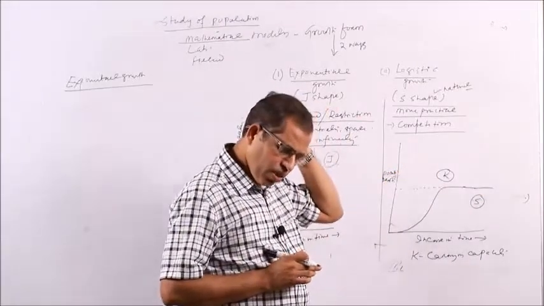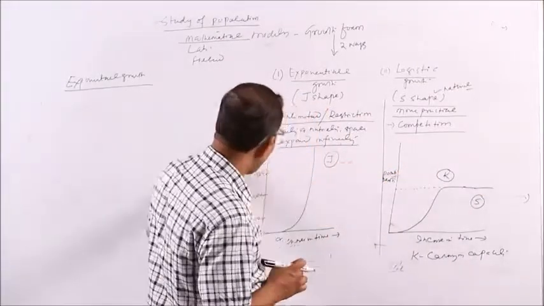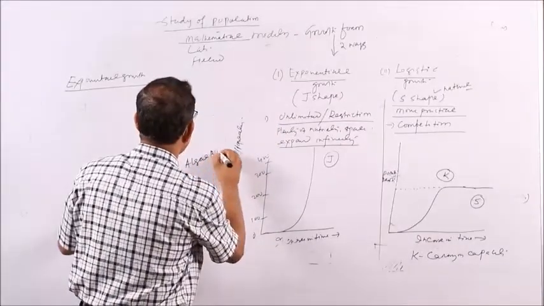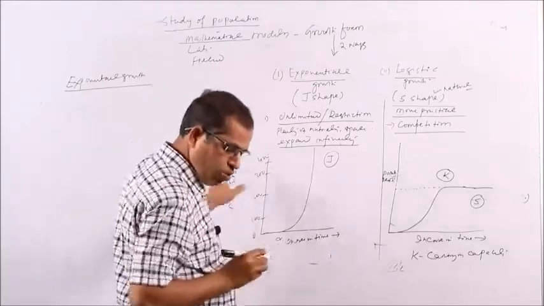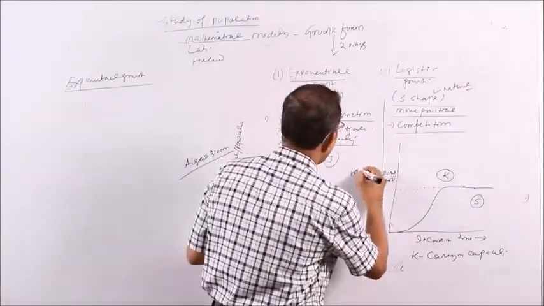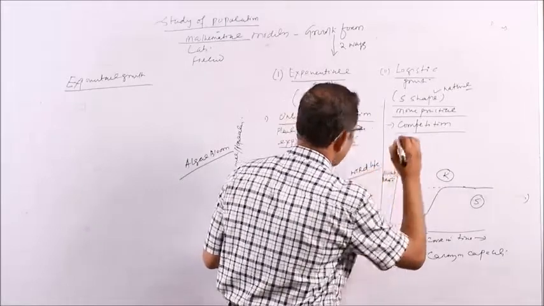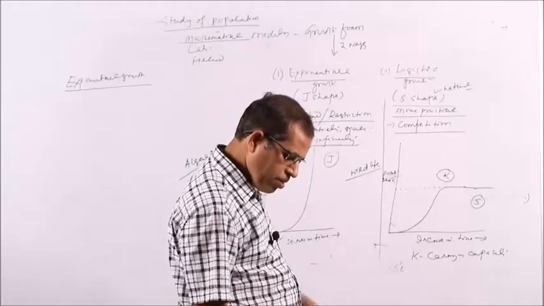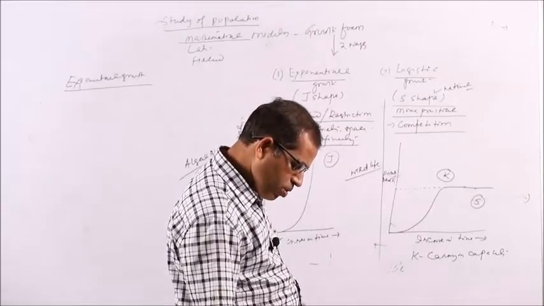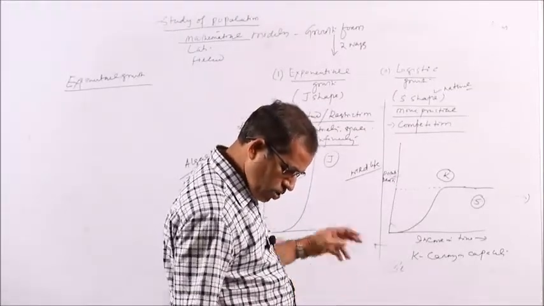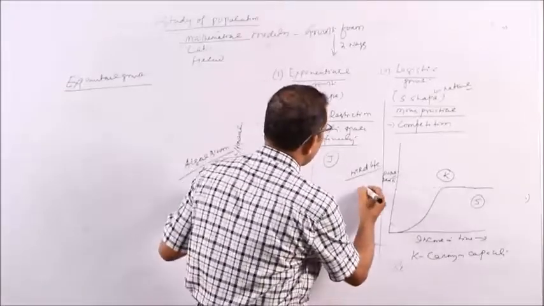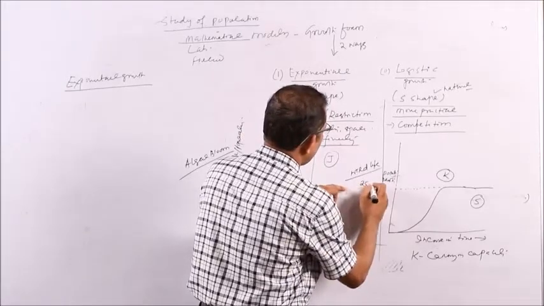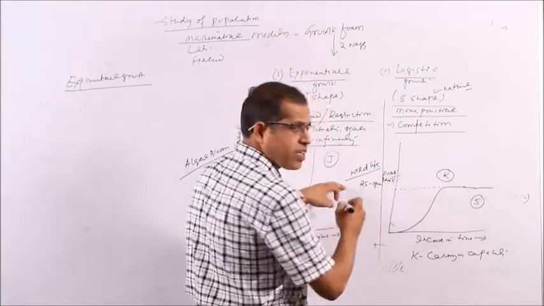A very good example, I gave the example of algal bloom, but you will find this in most wildlife. Suppose you have 25 organisms in a forest.